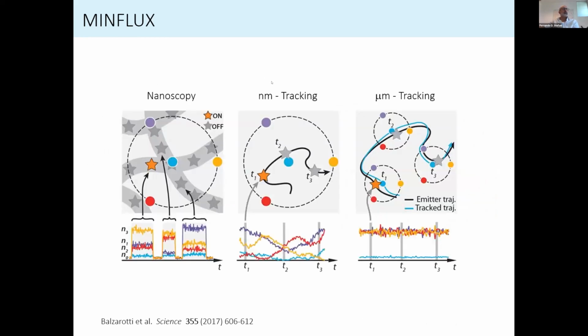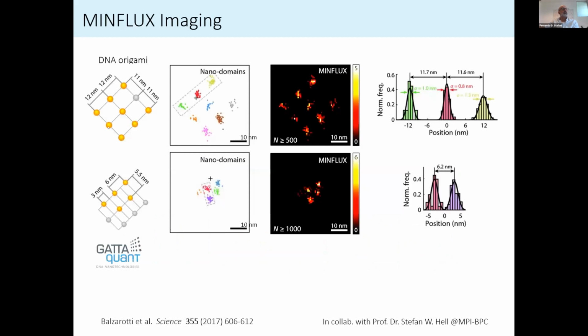So you can use MinFlux or any other methods of this kind to do nanoscopy in a small area by combining it with single molecule blinking, or you can do nanometer tracking inside this small area by following a molecule position in time, or you can do tracking over larger distances if you have ways to recenter periodically your excitation pattern, okay? Here you see an example of MinFlux to obtain nanoscopic images.